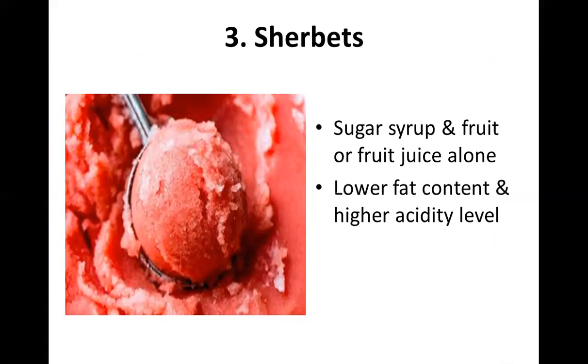It is a lower fat content and higher acidity level that distinguishes the sherbet from ice cream. Commercially produced sherbet also contains milk solids, but normally little milk fat. Sherbets and granites make a suitable light dessert course or palate refresher in formal dinners.